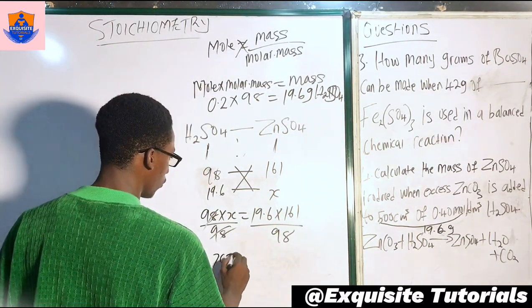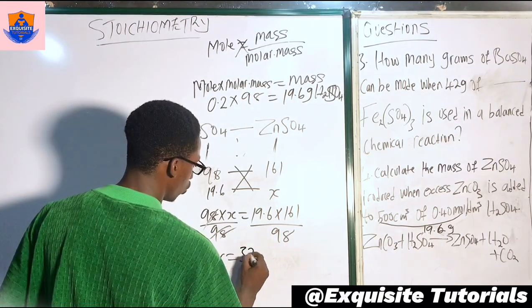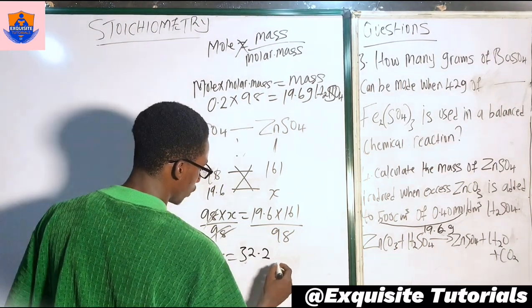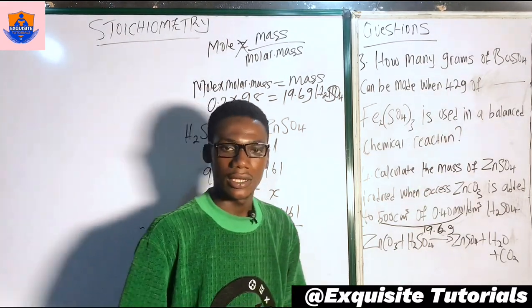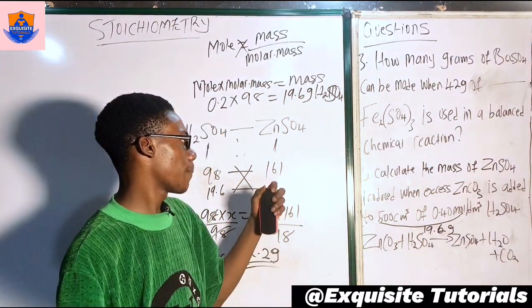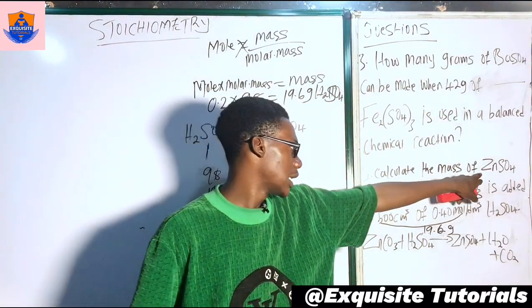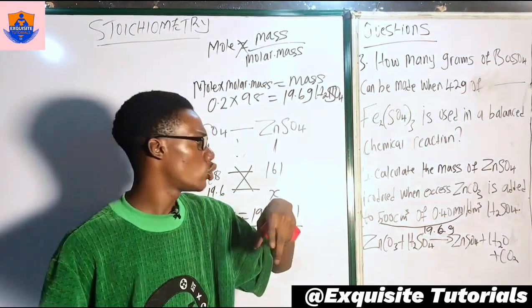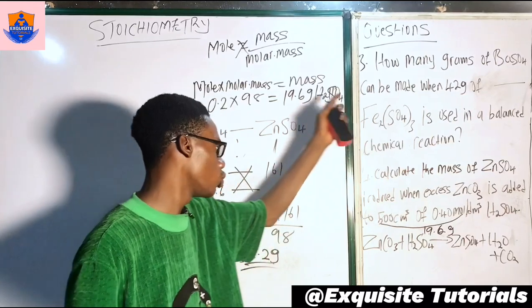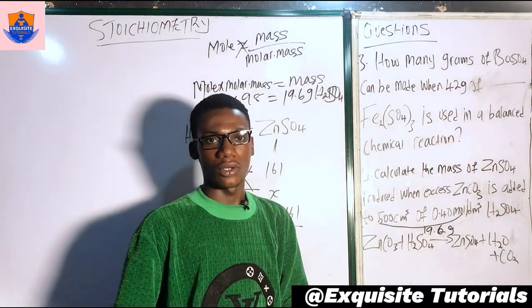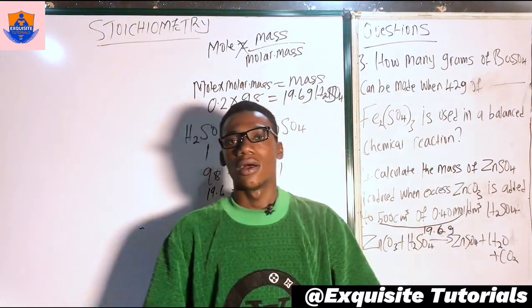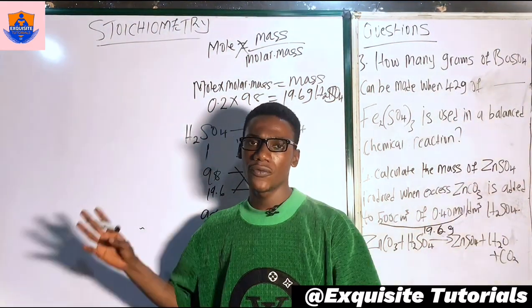So we have x will be equal to 32.2 approximately, 32.2 grams approximately. Now this is the answer to this question. So the mass of ZnSO4 produced is 32.2 grams.